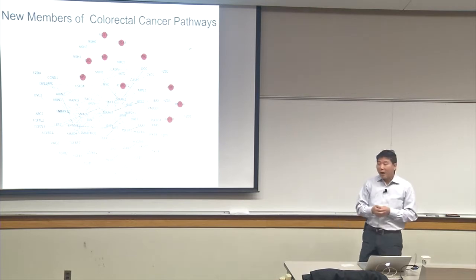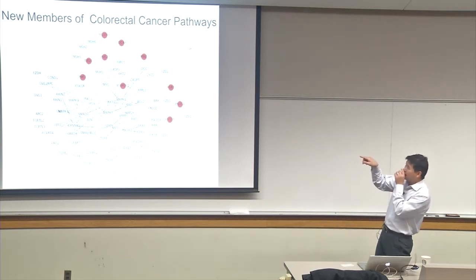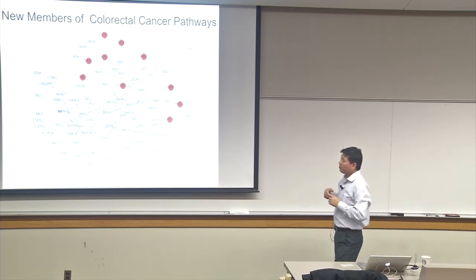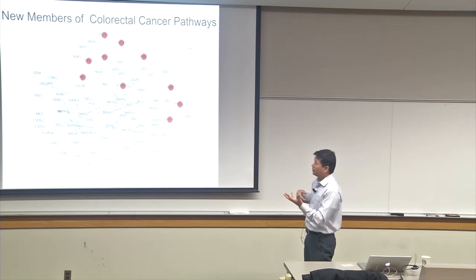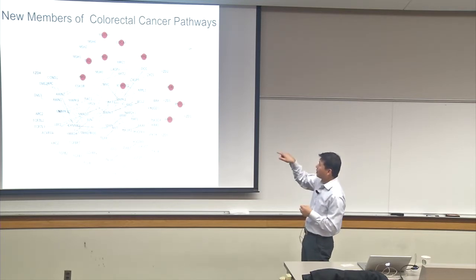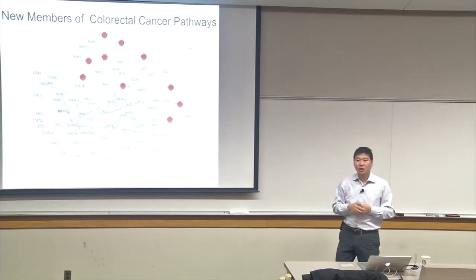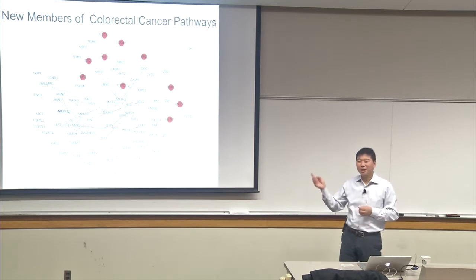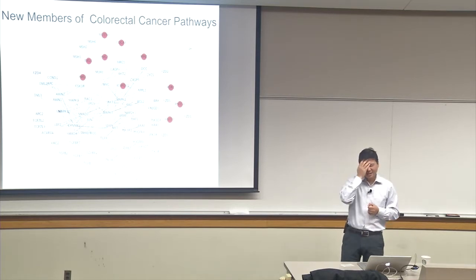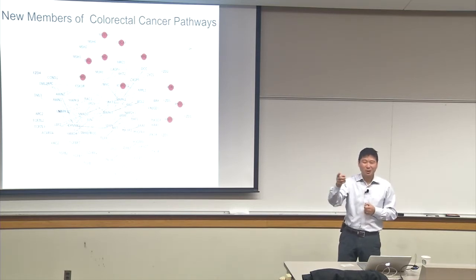In one of our studies, we looked at colorectal cancer, and this is all the genes that were reported and documented in a colorectal cancer pathway. The red ones are the additional associations our model predicted. This is a work from 2012, and what we did is go to the literature and see if there are new papers about these genes, right?